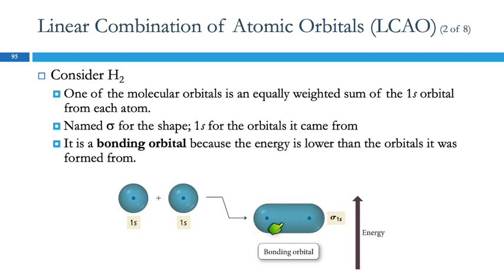This is called a sigma orbital because of the shape. If you imagine looking at the end of this, it would look round, like a sausage, right? Round, like the symbol sigma. And this is considered a bonding orbital because it's lower in energy than the original orbitals. So that's called a sigma 1s because the shape is sigma and it's made from 1s orbitals.